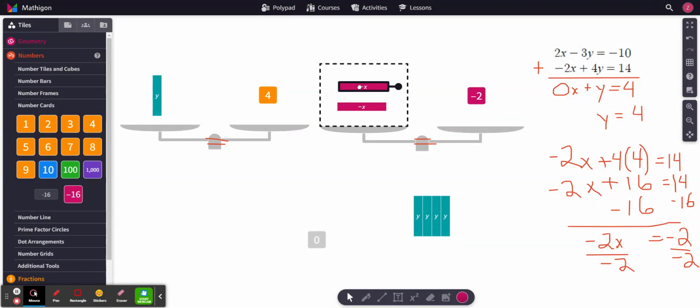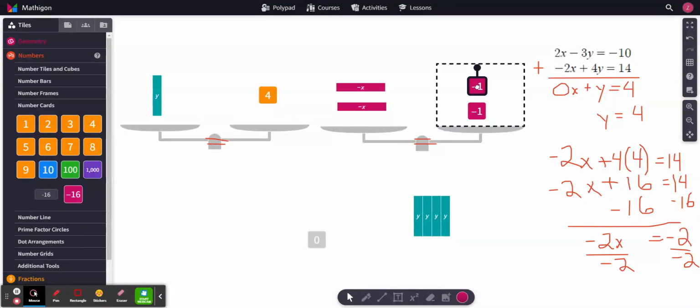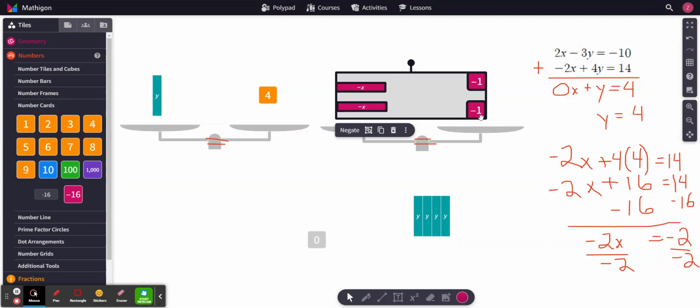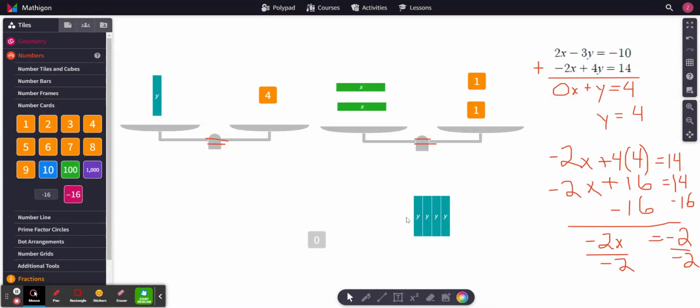There we go. And I want to split this into 2 equal groups. Right? And now that dividing by negative, it's the opposite of, right? I'm finding the opposite of. So it leaves me with x is 1.